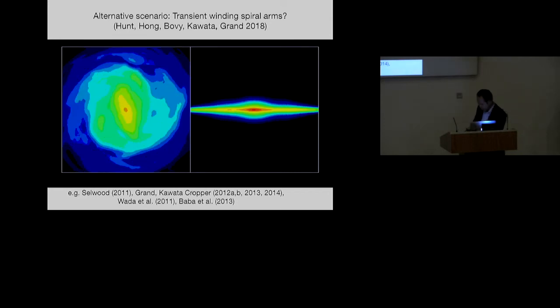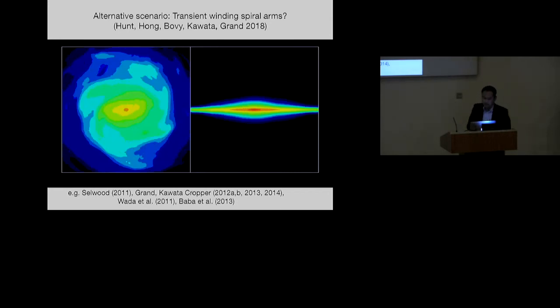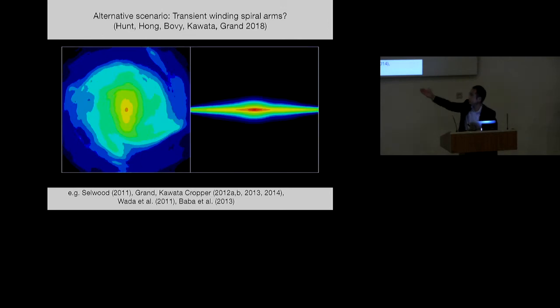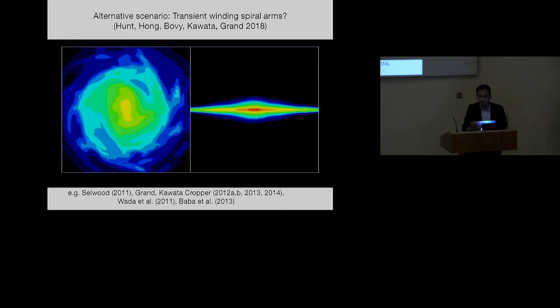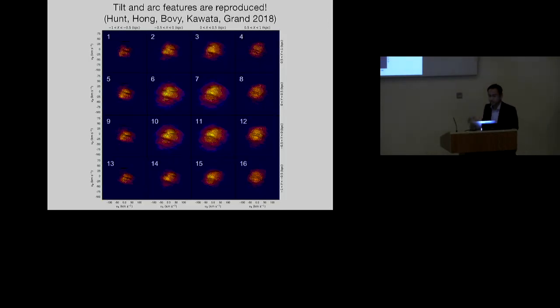So Jason Hunt in Toronto has made a model of this transient and winding spiral arm, and has looked at the effect of those kinds of perturbers on the galactic disk velocity structures. Here in this image we show the Gaia data, again the radial velocity versus rotation velocities, and the contour is his model.